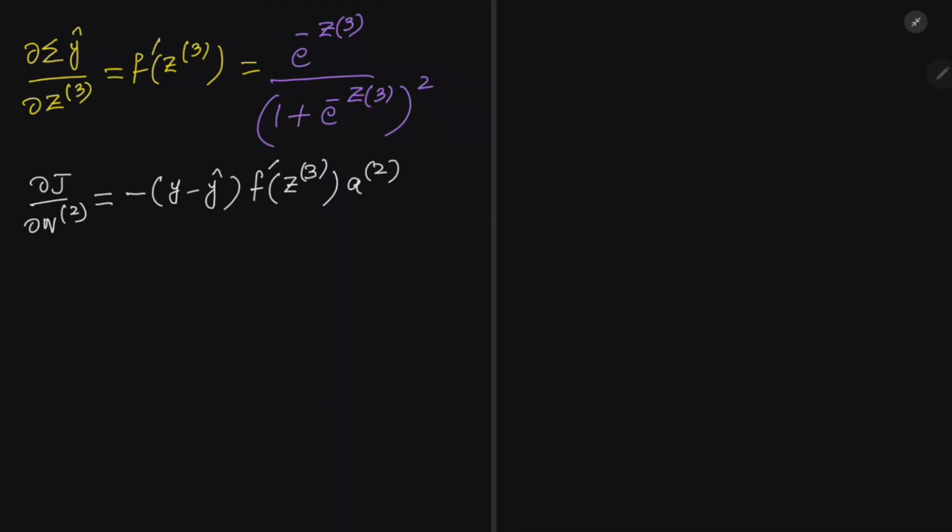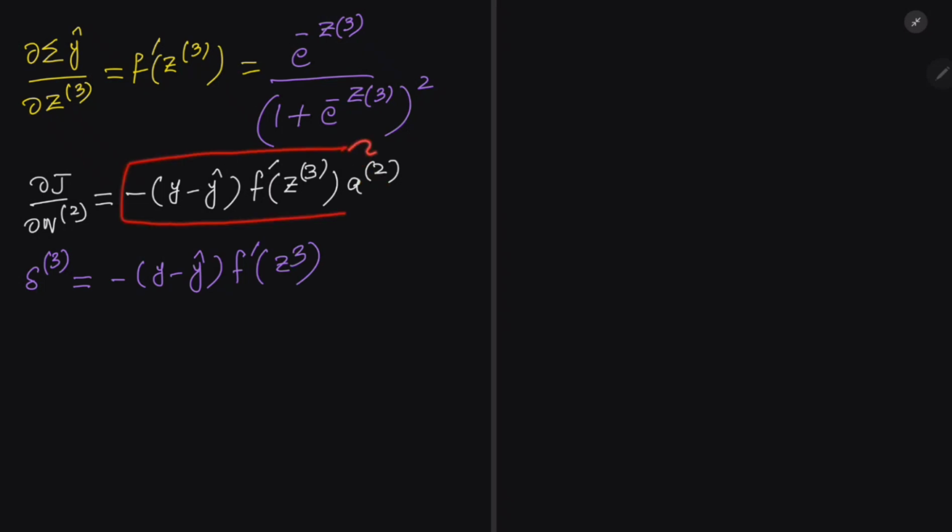Okay, let me just call the variable w3. W3 will be equal to minus y hat f dash z3, as we did in our previous video.